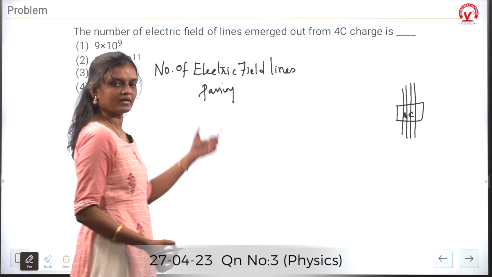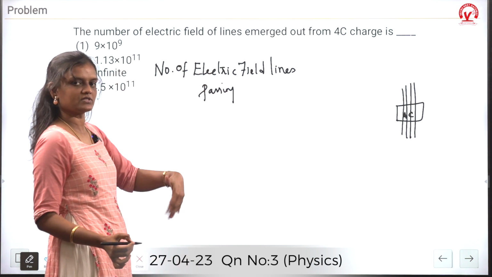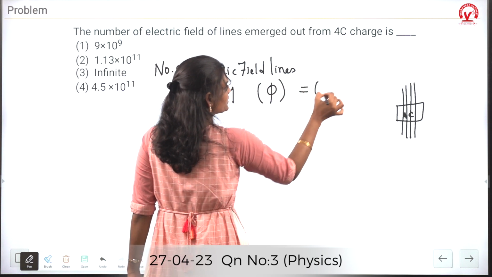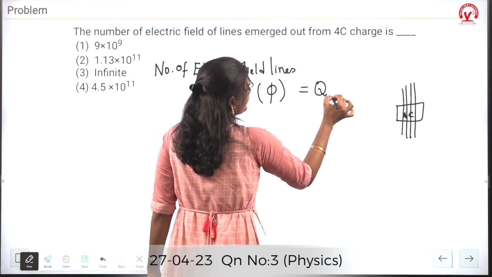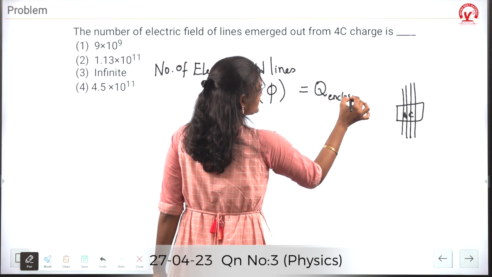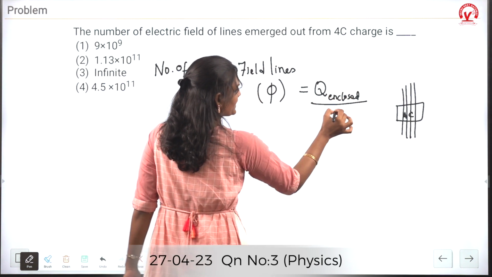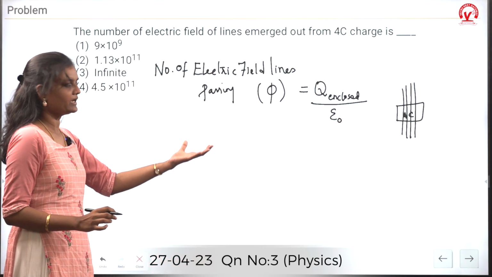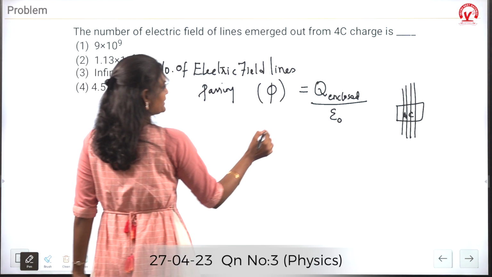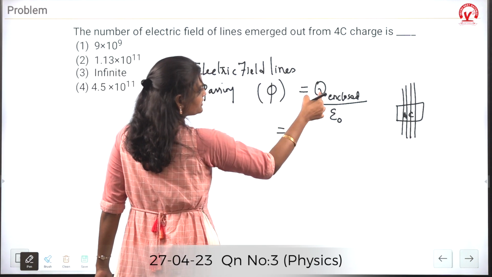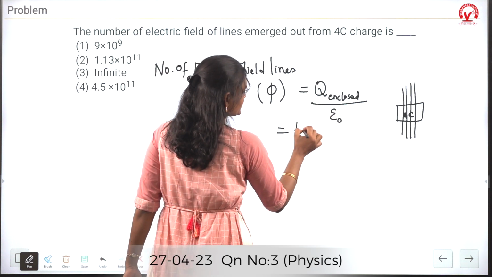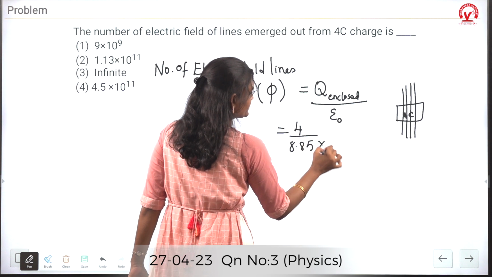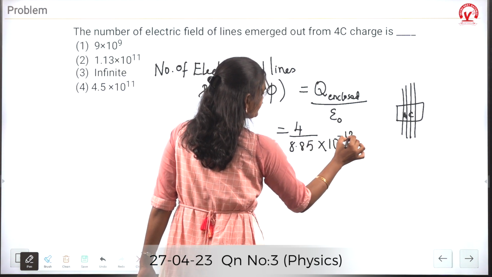The symbol for the number of electric field lines passing through a material is phi, equal to Q enclosed divided by epsilon naught, where epsilon naught is the permittivity of free space. So 4 coulomb of charge is enclosed here, so 4 divided by 8.85 into 10 power minus 12.